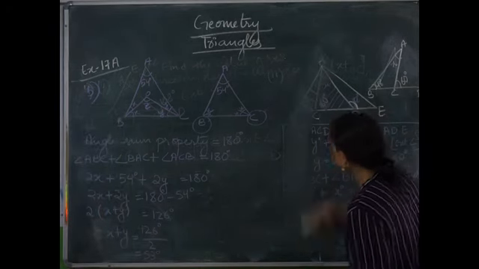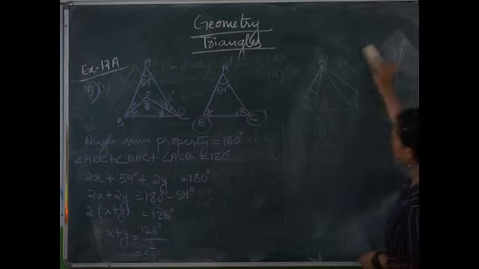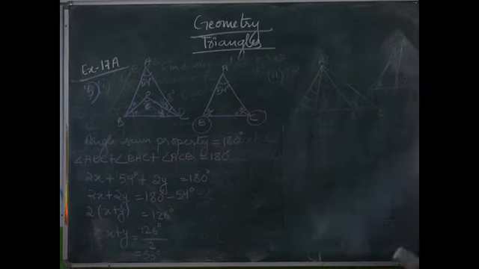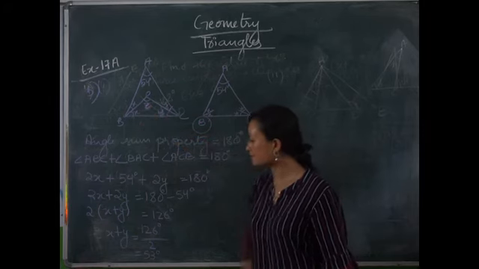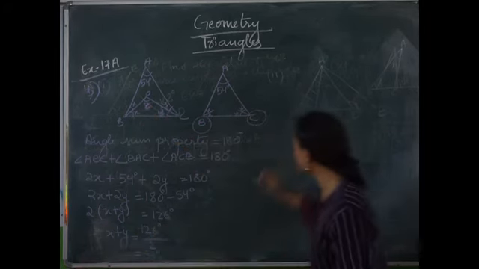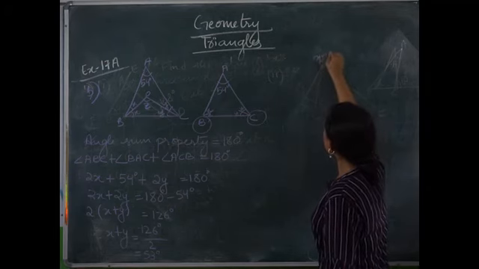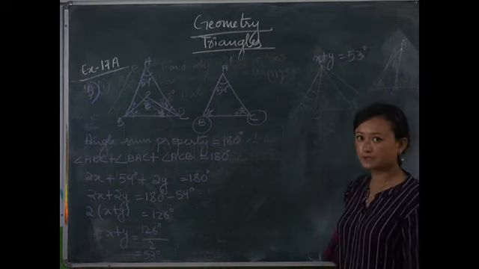Next, we'll continue because we have to find the value of the unknowns. We have to find the value of x, the value of y, the value of z. But we don't have the value of x and y individually. What we have here is x plus y is equal to 53 degree.